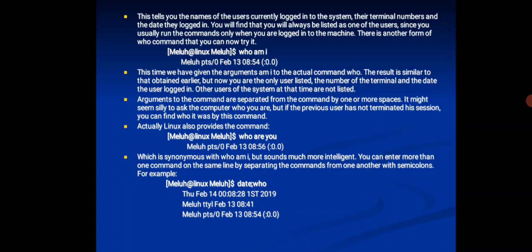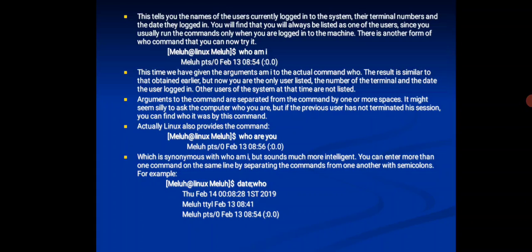After that it will display the who command output, that is the username and previous user who entered into the machine, his name and date and time, and similarly the now entered user's name and date and time. If both users are the same, it will display the same username, but time and date will vary. Here the first command date is executed, after that the who command will be executed.